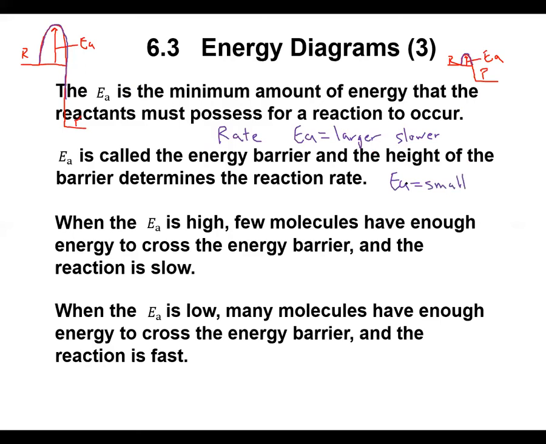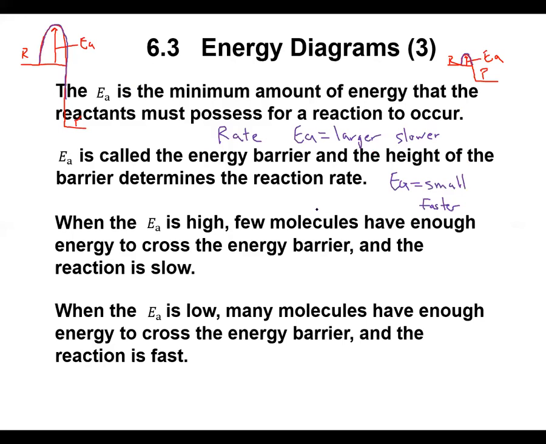You would expect that reaction to occur faster, because those reactants don't have to climb as big a hill to get to the other side. It's kind of like if you went for a walk and had to go up a hill. The bigger the hill, the longer it's going to take you to get to the top, and then maybe come back down the hill on the other side.